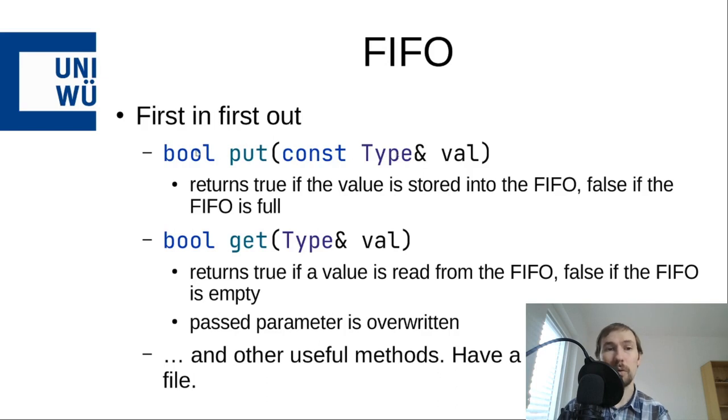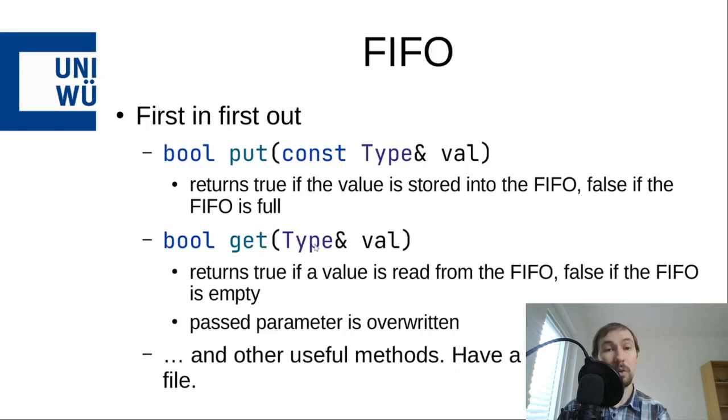And we have a return value of the type Boolean, which means that this method returns true if the value has been stored into the FIFO, so there was space left. If the FIFO is already full and therefore there is no space to save the value, then this method returns false.